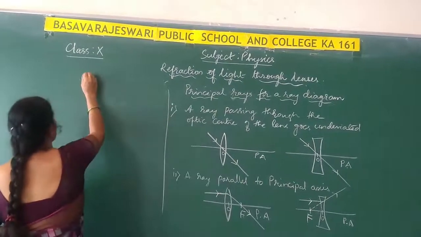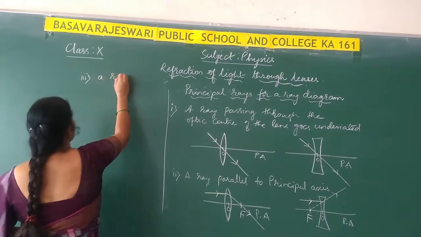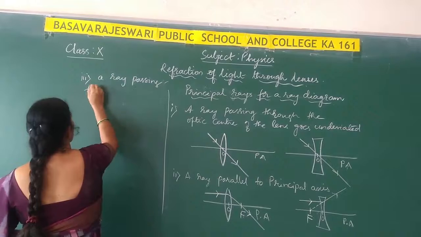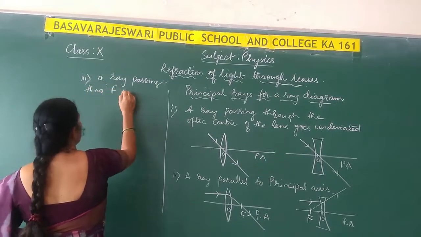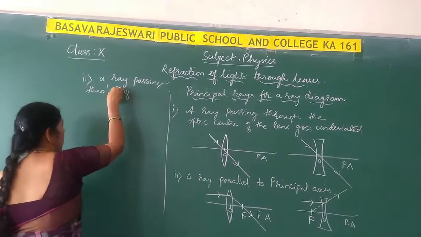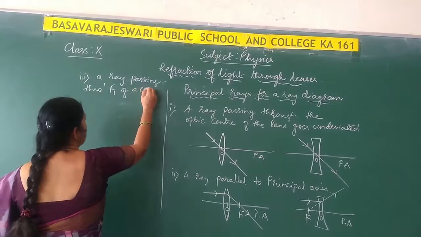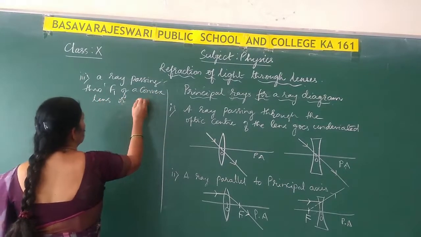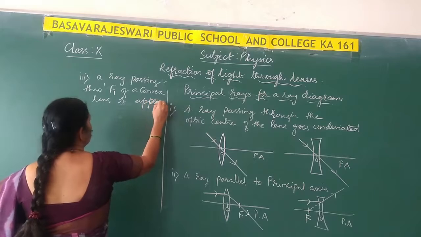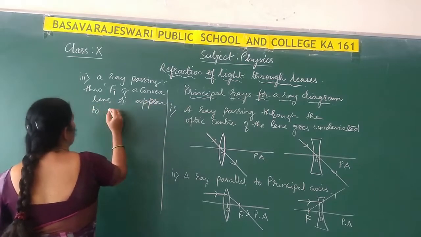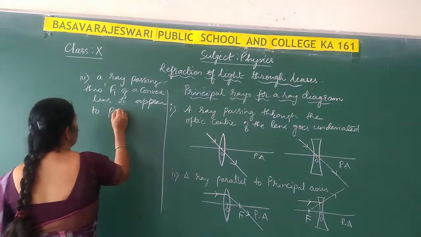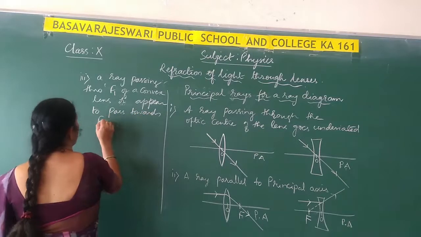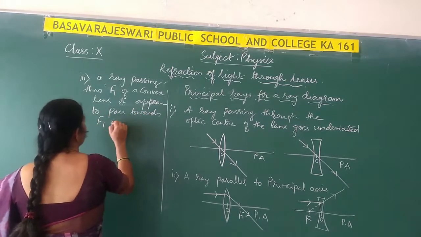This is the third ray. A ray passing through principal focus F1 of a convex lens, or appearing to pass towards F1 of a concave lens.